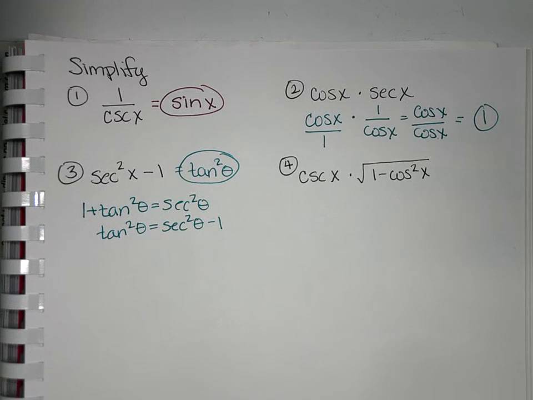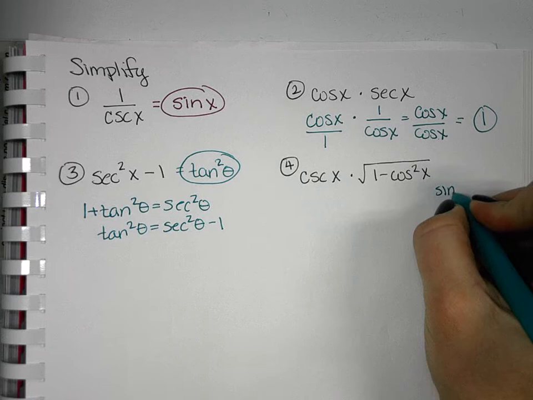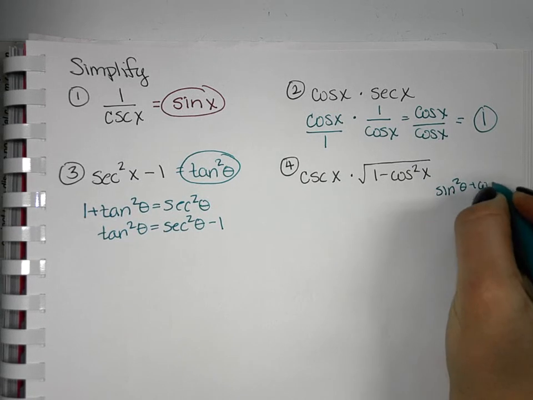So again, in our heads, or in our notes, we should go back to the identities that we just did to see, can I do any sort of substitution with any of my identities? When I look at the notes, I notice that I had sine squared plus cosine squared equals 1.